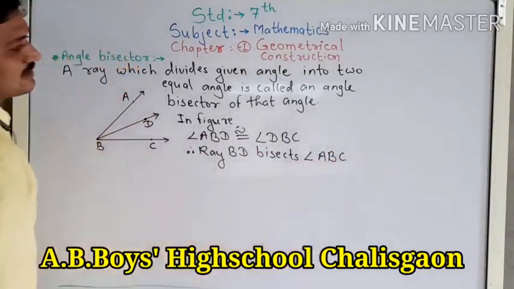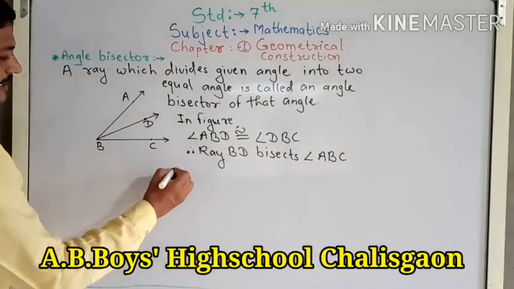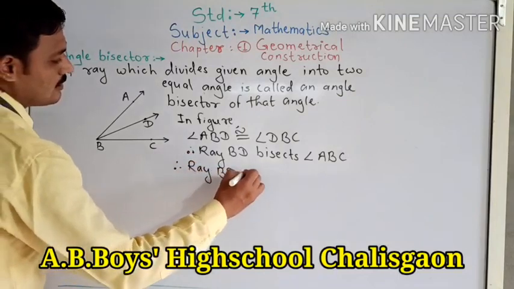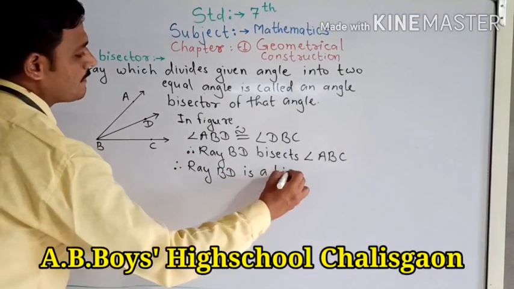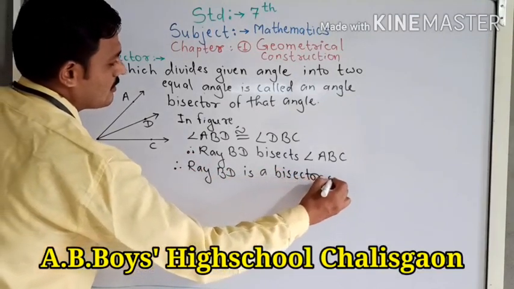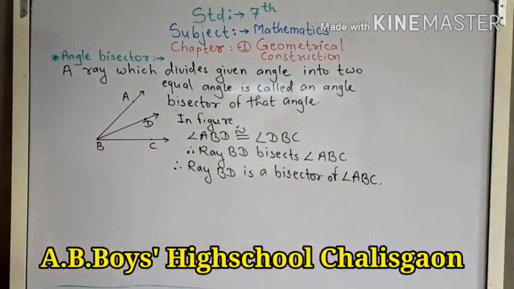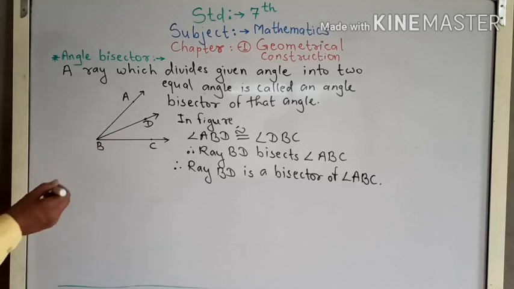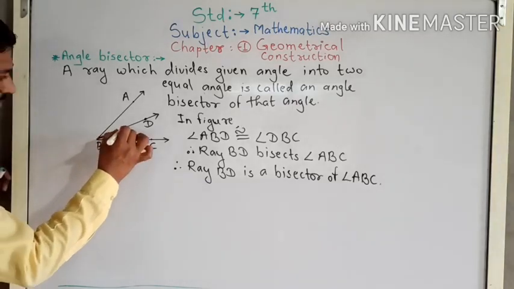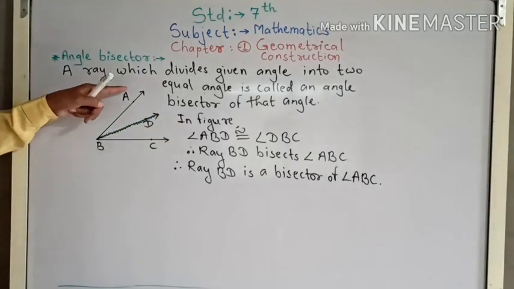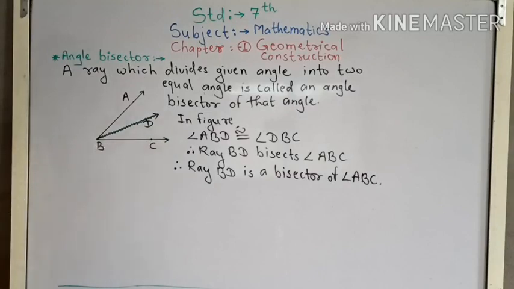Ray BD bisects the angle ABC into two equal parts.